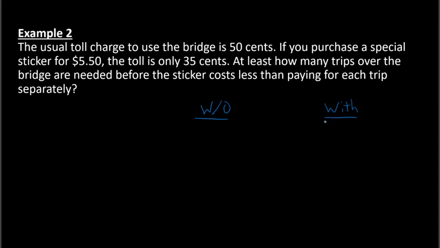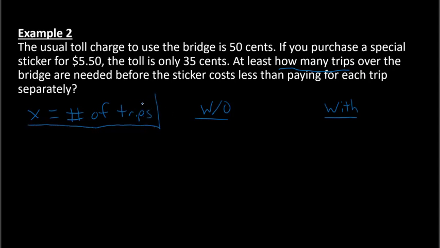Okay, so two different things are happening. Now, before we set up anything, we want to establish what our variable is. So what are we trying to find? Well, the question is asking for how many trips. So my variable, which we'll call x, will be the number of trips.